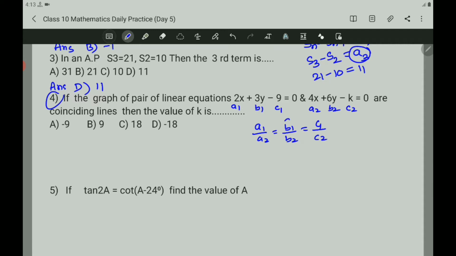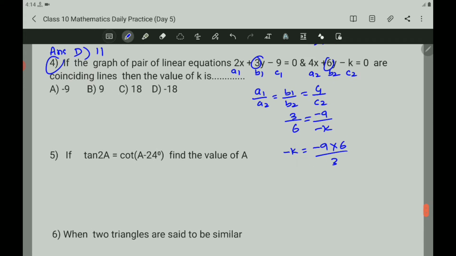Then here you take B1 by B2. B1 is 3 and B2 is 6. So you take 3 by 6 equals C1, minus 9, by minus k. So here minus k equals minus 9 into 6 by 3.